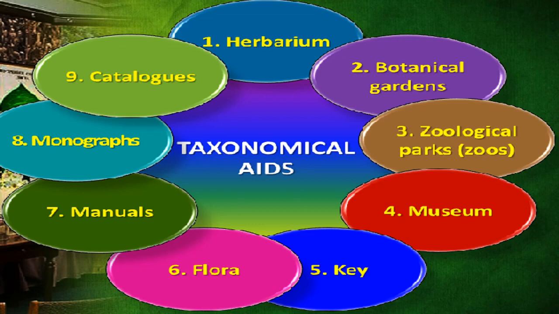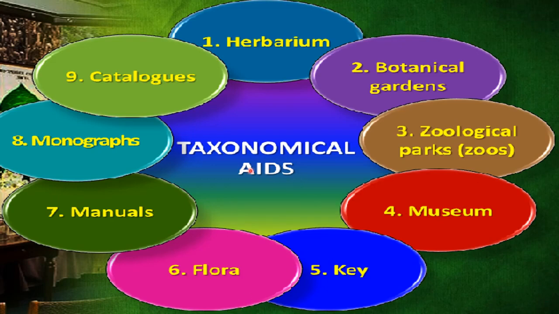Now come to the next topic, that is taxonomical aids. In your syllabus these are different taxonomical aids. Taxonomical aids means anything that is required for taxonomy, or you can say for classifying the organisms into different categories. There are different means or procedures which can be used for the classification of organisms.